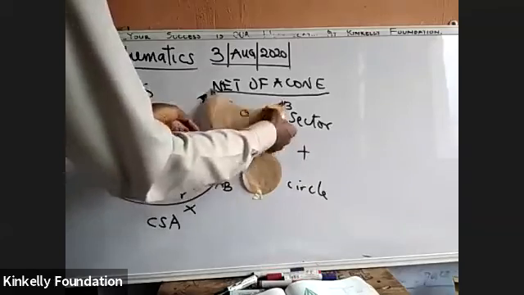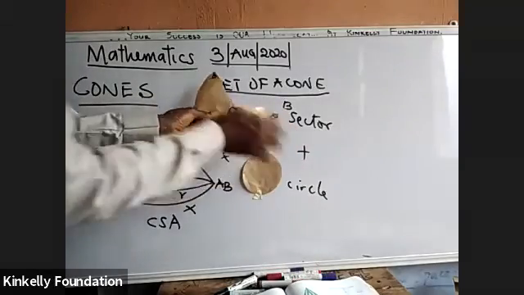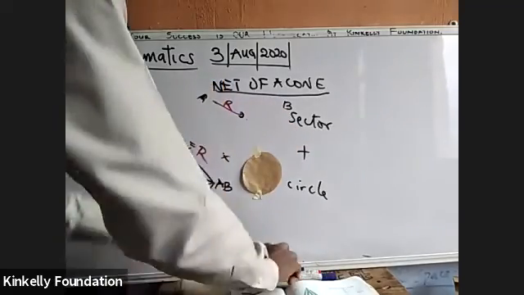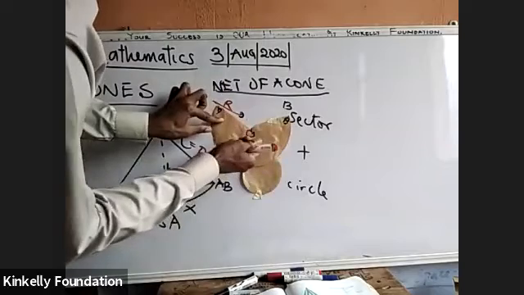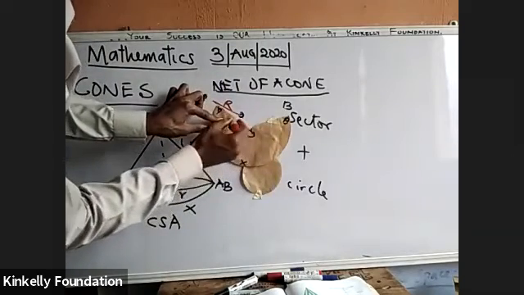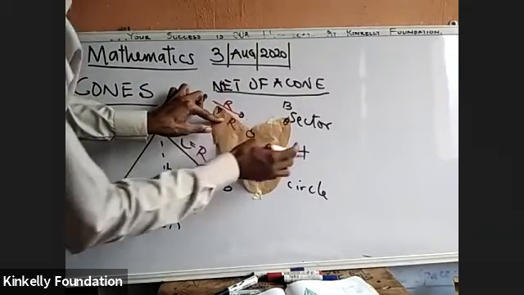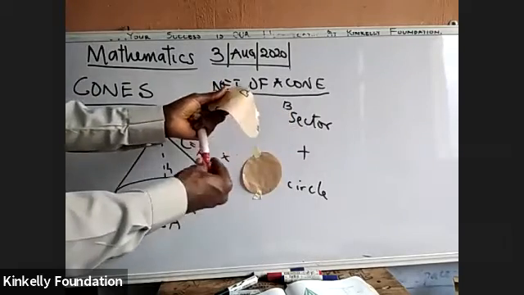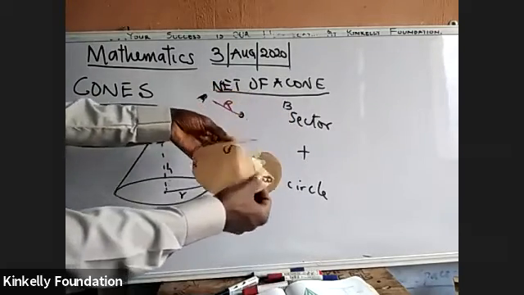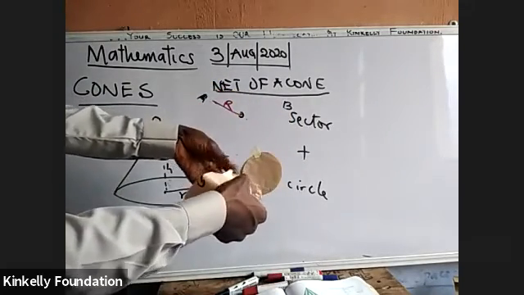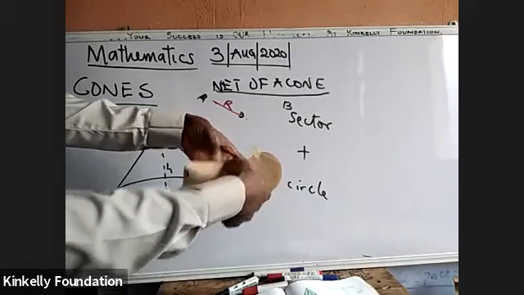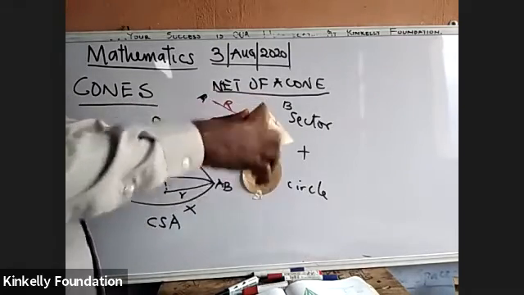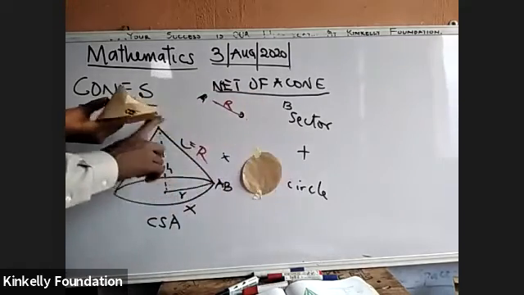Let us write it down. Here is the radius. When you fold this radius to this point, the radius becomes the slant length, which is 6.